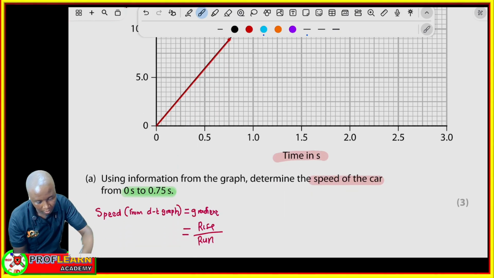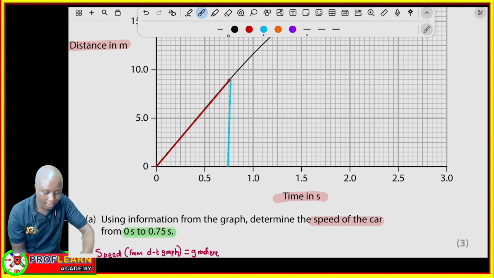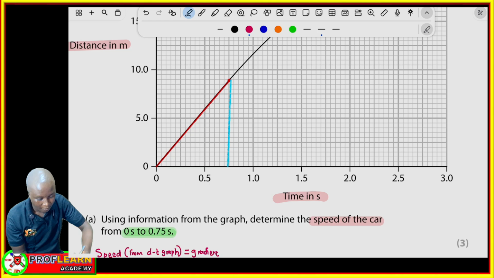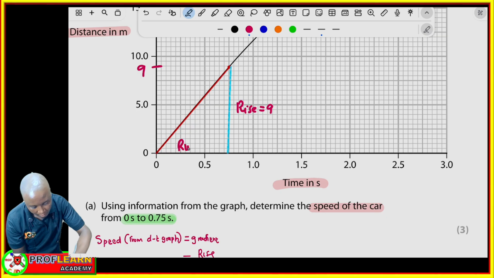So we shall try to find what our rise is. What is our rise here, guys? You can see this is 5, 6, 7, 8, 9. This is basically 9 here. So our rise is equal to 9 and our run is equal to 0.75.